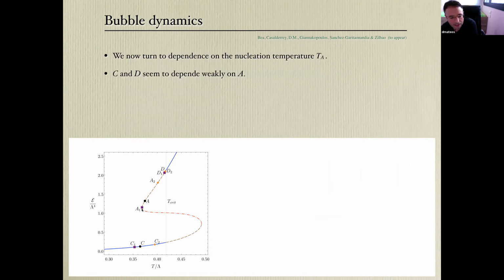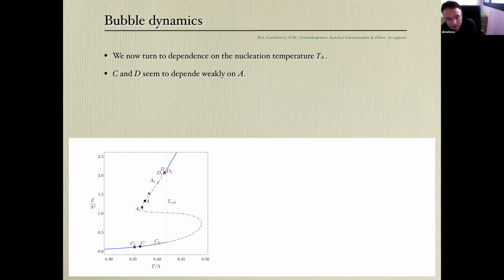You see, start with A1. So for A1, the state inside the bubble is C1. And the state outside, right in front of the bubble, is D1. But now if you move A1 to A and to A2, C1 moves to C and to C2, so it's approaching this point. And D is approaching this point.